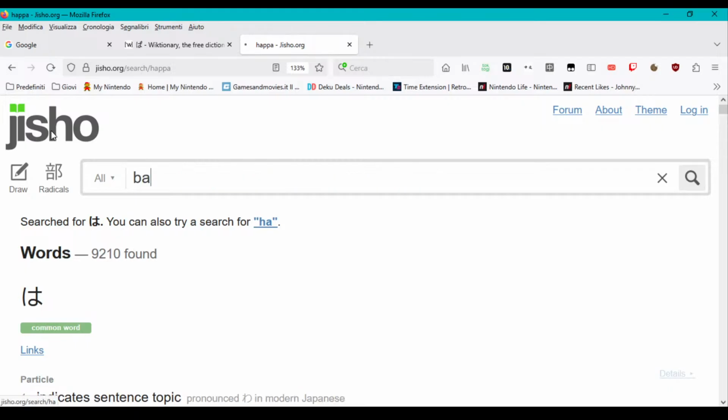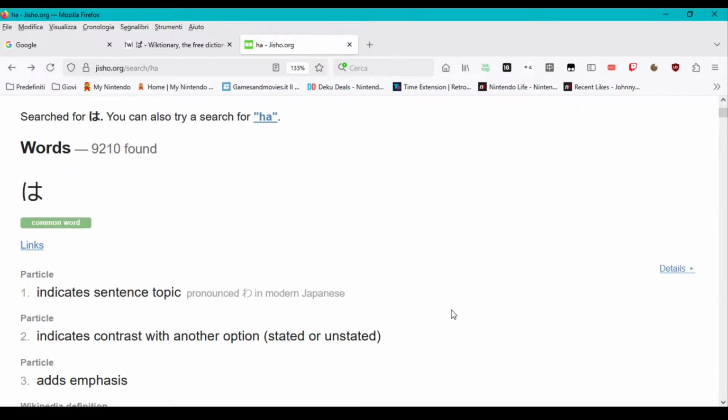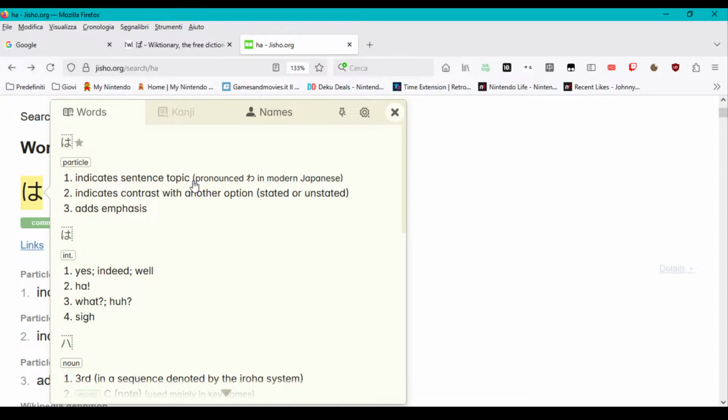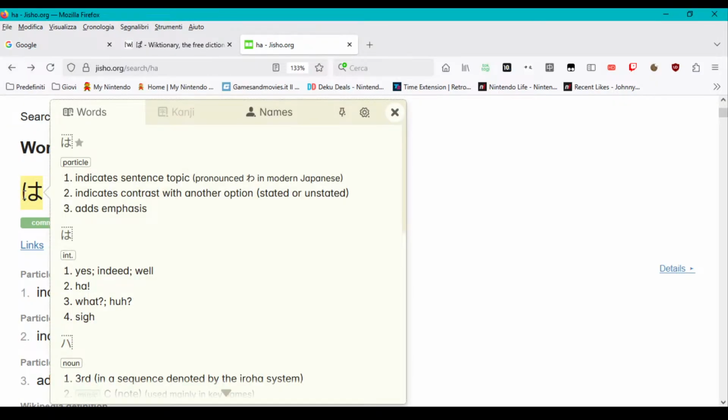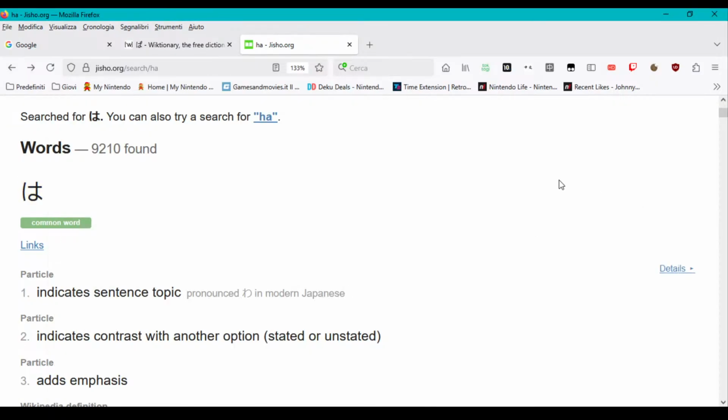We can see some words. First and foremost, this particle written as ha, but actually pronounced as wa. And that's because of how the Japanese language evolved, but the way it was written was kept the same.